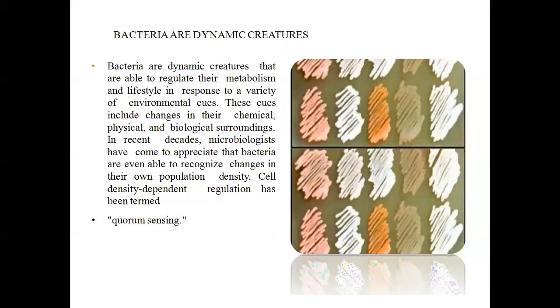Bacteria are dynamic creatures able to regulate their metabolism and lifestyle in response to a variety of environmental cues, including changes in their chemical, physical, and biological surroundings. In recent decades, microbiologists have come to appreciate that bacteria can even recognize changes in their own population density. This cell density dependent regulation has been termed quorum sensing.